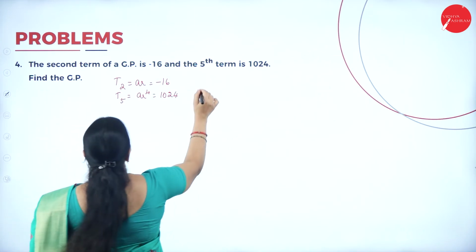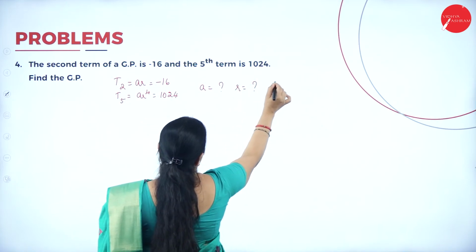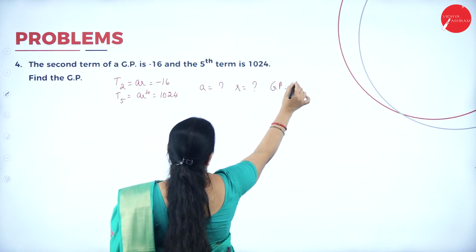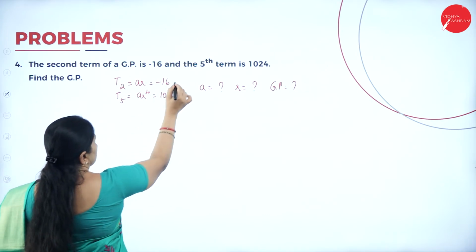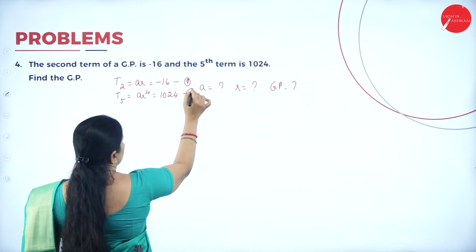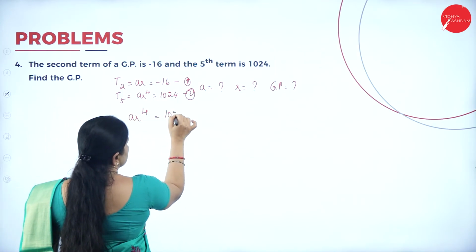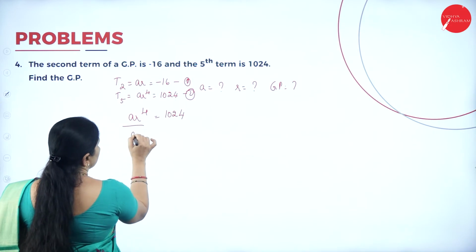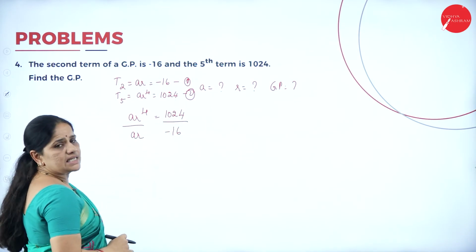Now we have to find A, we have to find R, and we have to find what is the GP. Okay, so this is equation 1, equation 2. AR to the power 4 equals 1024. AR equals minus 16.